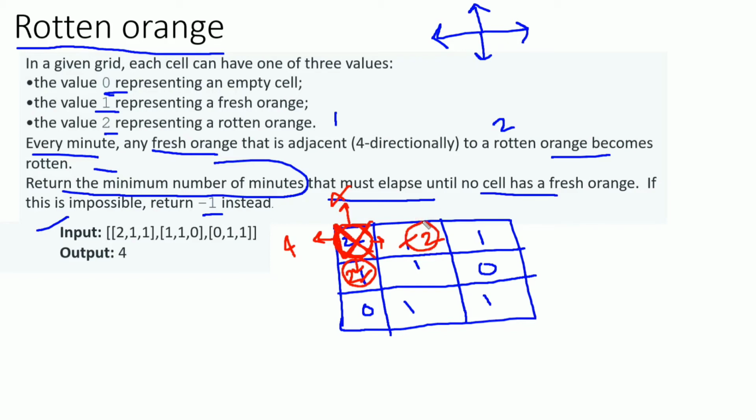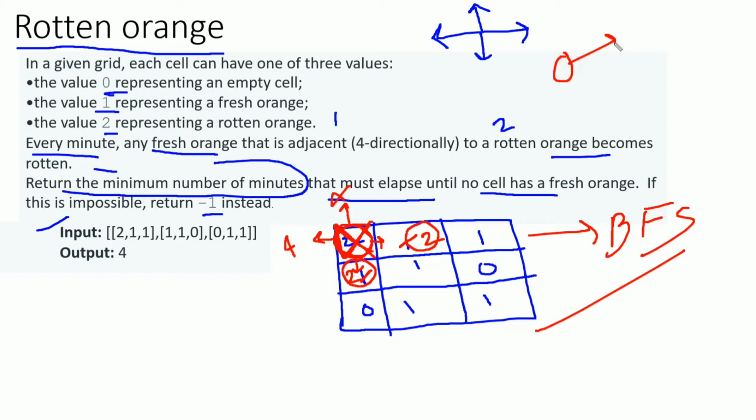If we notice the traversal, we find that it is somewhat similar to BFS. So we need to use the BFS algorithm. The flow in BFS was, suppose there is a graph, we need to select the starting vertex.